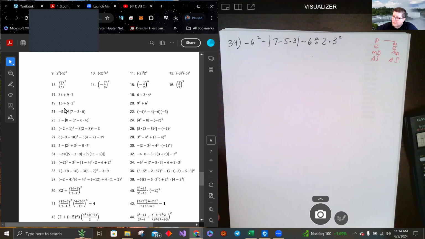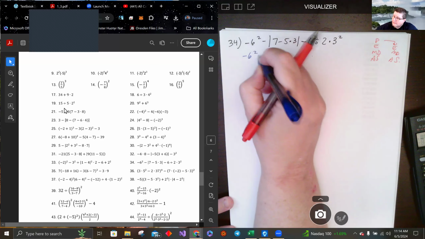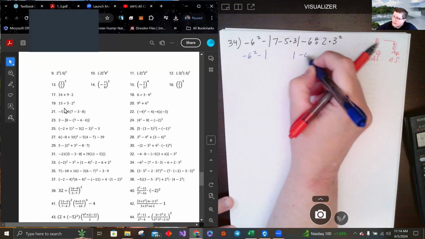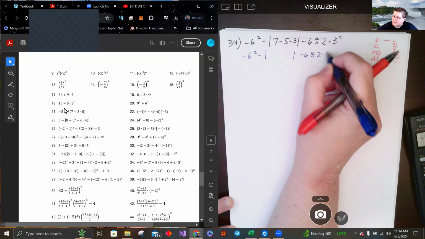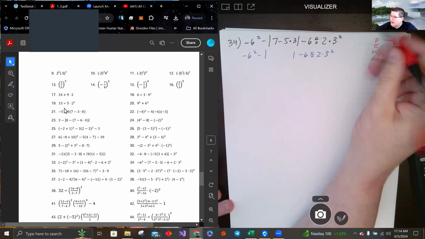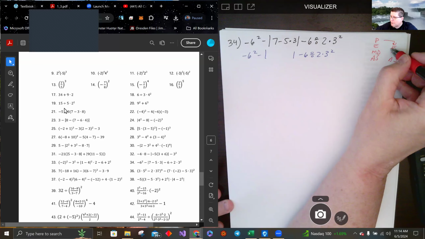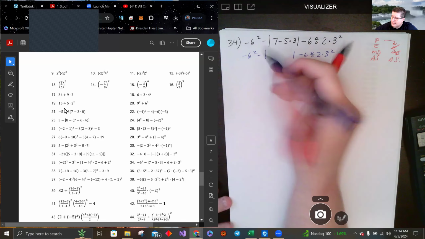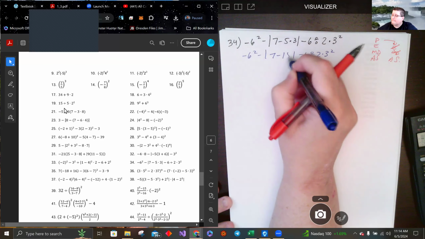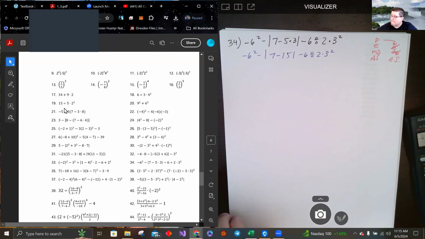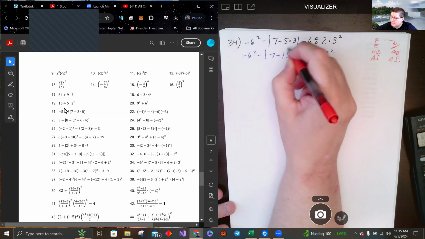There are no exponents. I'm going to write down the rest and just edit what I'm doing. We do have multiplication and division, though. 5 times 3 is 15. And then that was our change.